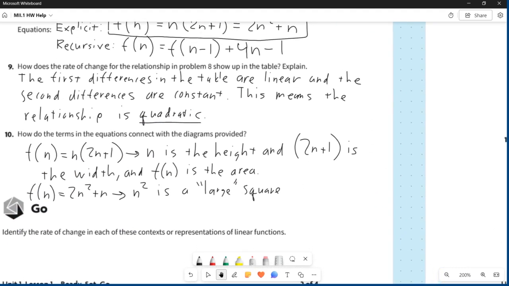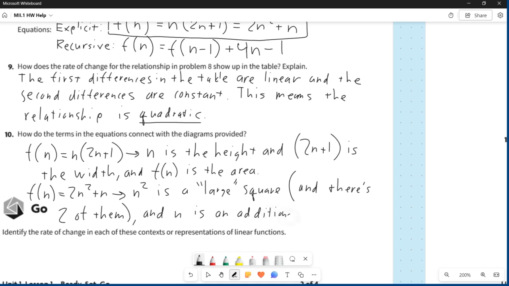So n squared is a large square, and there's 2 of them, and n is an additional column.